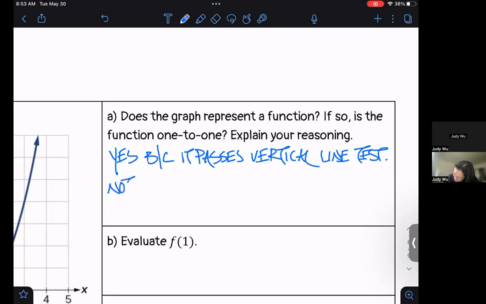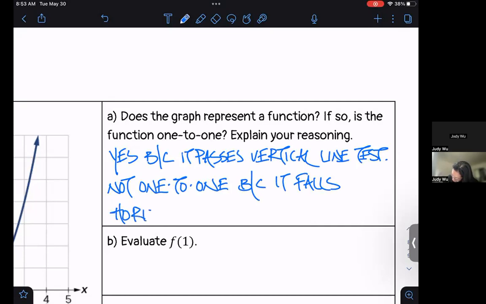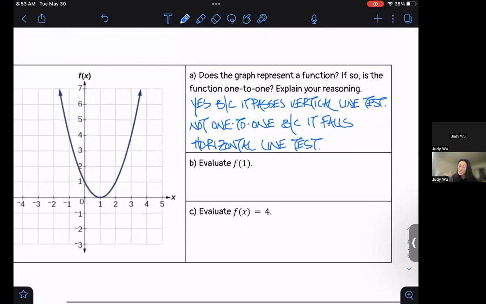It is not one-to-one because it fails the horizontal line test. Okay. So yes, it's a function, but no, it is not one-to-one.